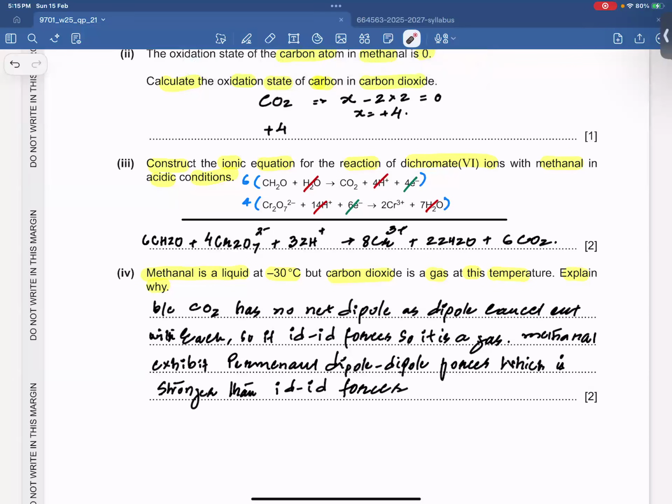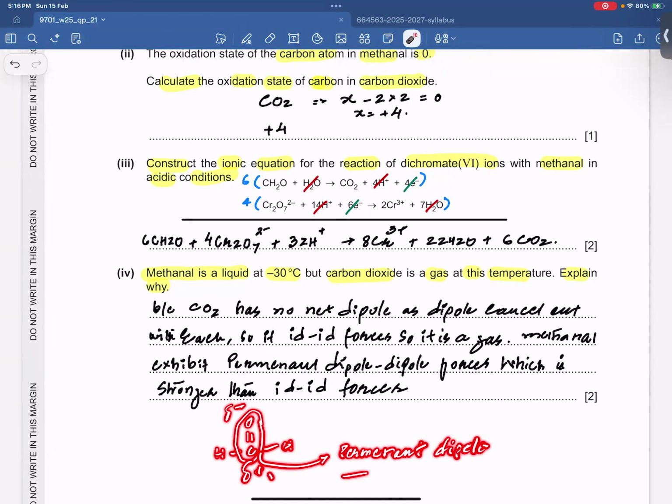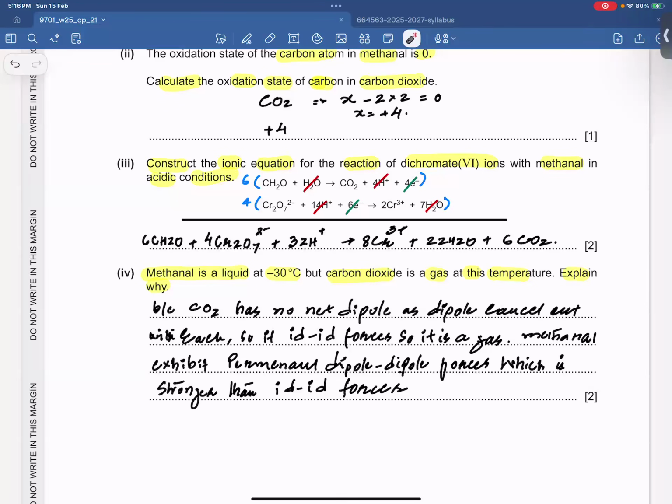Okay, I hope it makes sense to you. But let me draw the structure of methanol for you. This is methanol. So this methanol has a carbonyl group. This carbonyl group has a permanent dipole. Because oxygen is a more electronegative element as compared to carbon, which is why oxygen has slight negative charge and carbon has slight positive charge. Because of these permanent charges, it exhibits a permanent dipole. Okay, and permanent dipole-dipole forces are generally stronger than van der Waals forces or temporary induced dipole-dipole forces. I hope it makes sense to you.